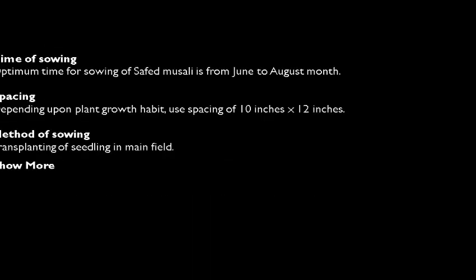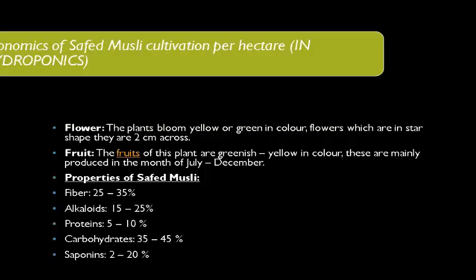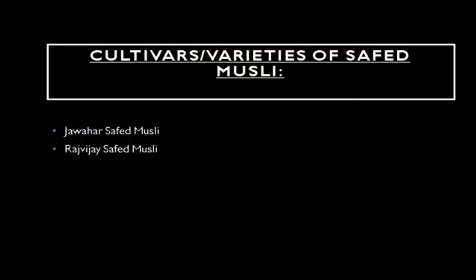For example, in the Indian market, there is a heavy requirement of Safed Musli. I will discuss the hydroponics part some other day, right? And we can also give you the project report, how much it will cost to grow and how much benefit you will get.